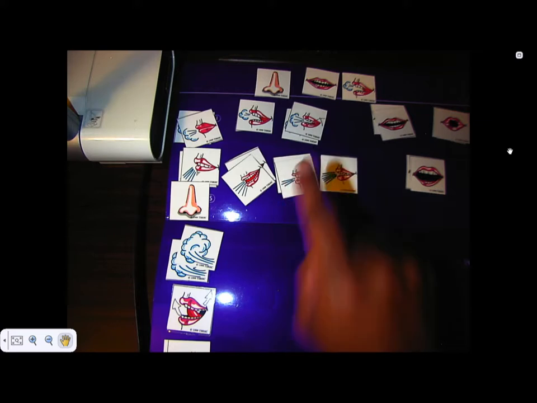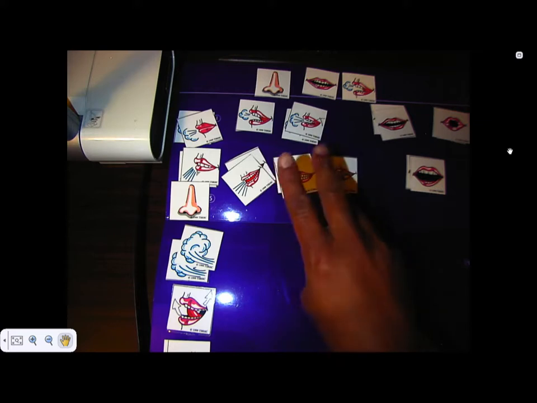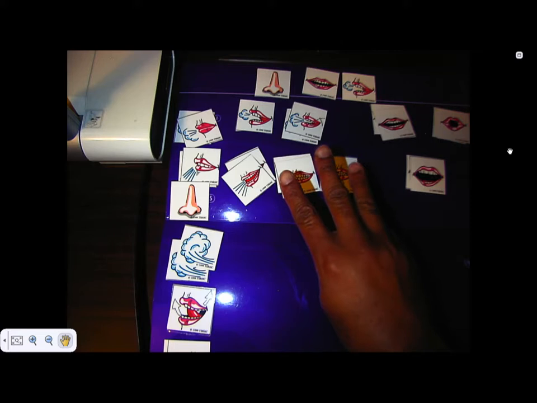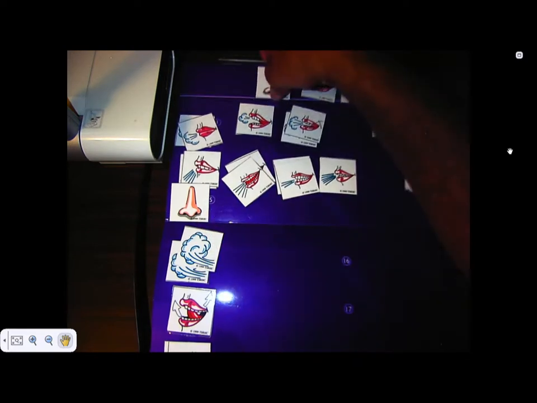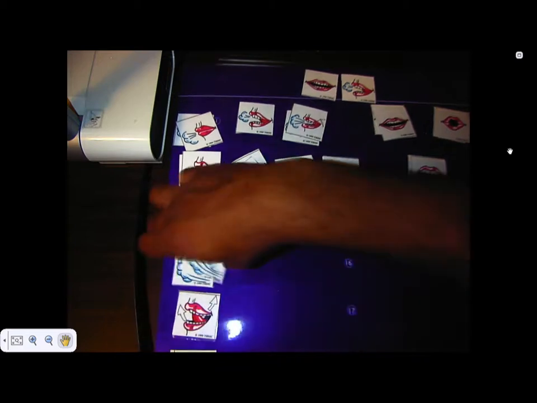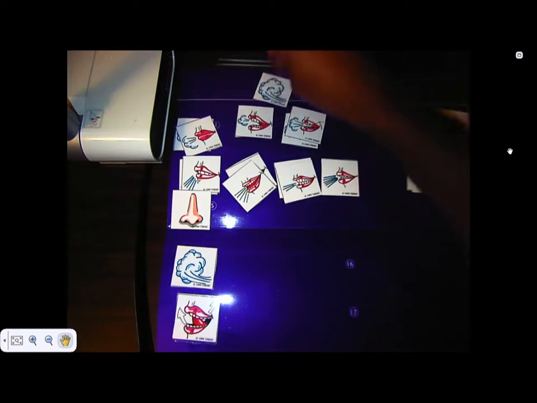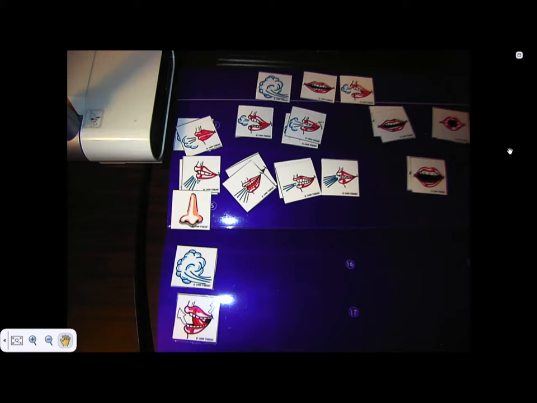That's right, the sounds are h, at. And what do you need? Let's make the change. There you go. Nat is hat.